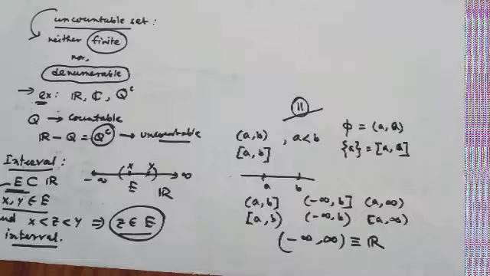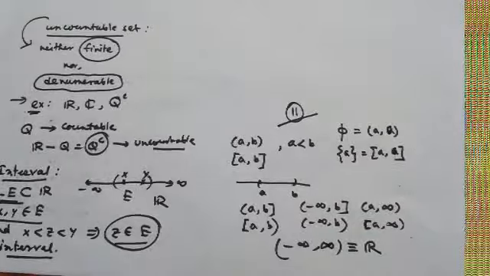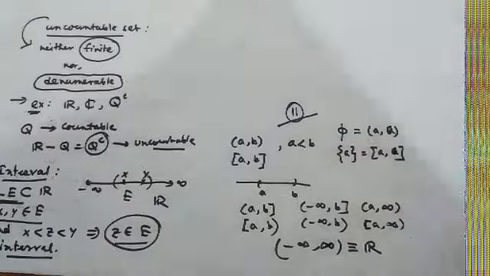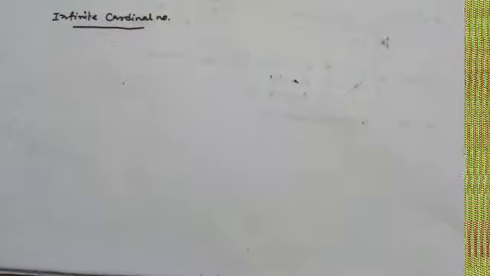Now with this understanding or basic information, we are moving on to infinite cardinal number. That is another very important section of this chapter, that is infinite cardinal number. Already you are aware of cardinal number, that is the number of elements of a set, that is nothing but the cardinality of that set or the cardinal number of that set.